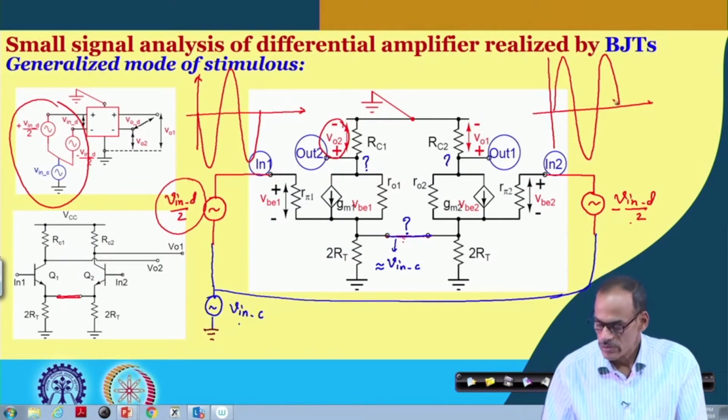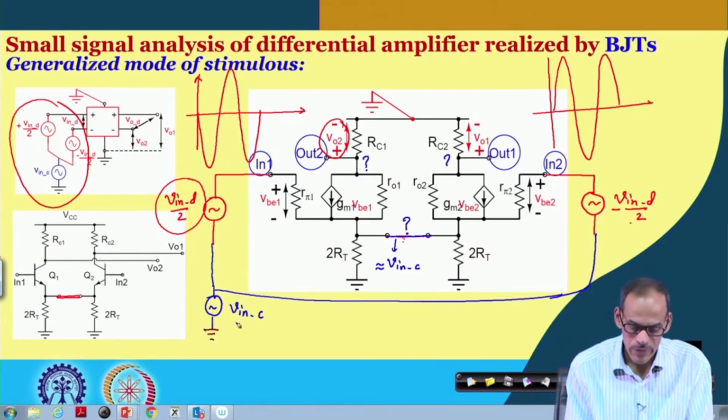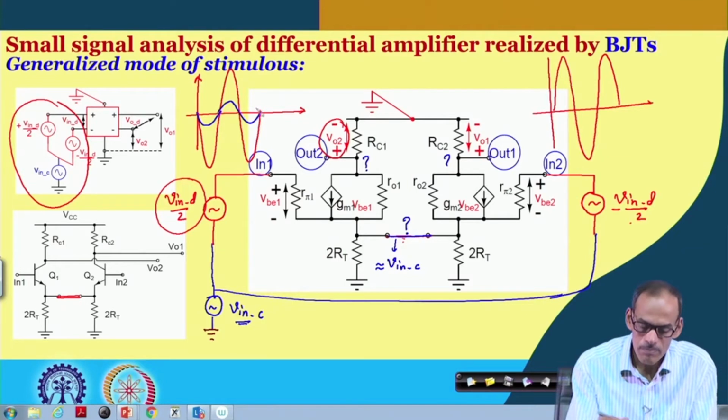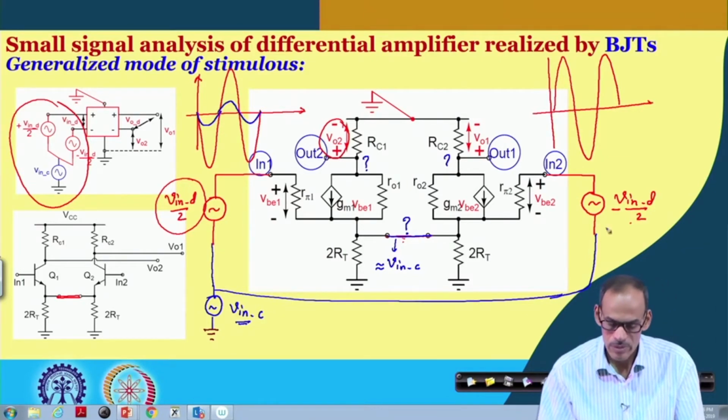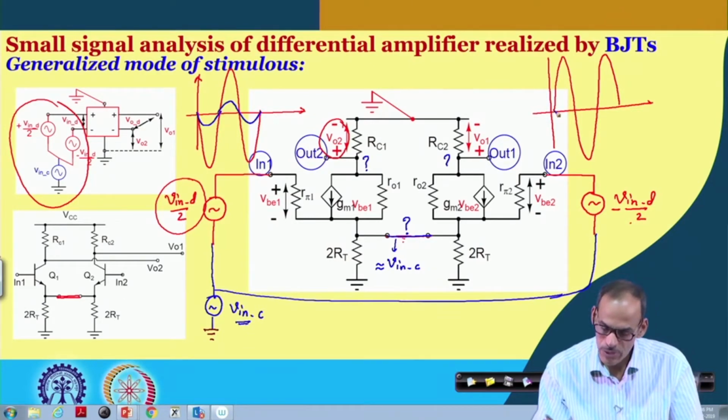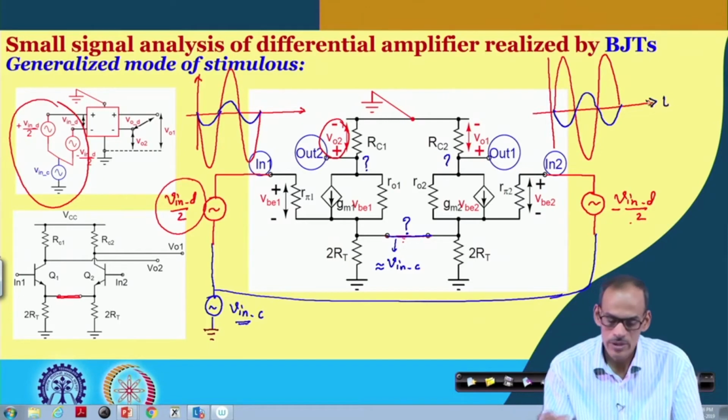And then we have the effect of the common mode part, which of course has smaller amplitude. Here we have the common mode input, which is again getting flipped. Note that for simplicity, we have considered both the signals to have the same frequency.